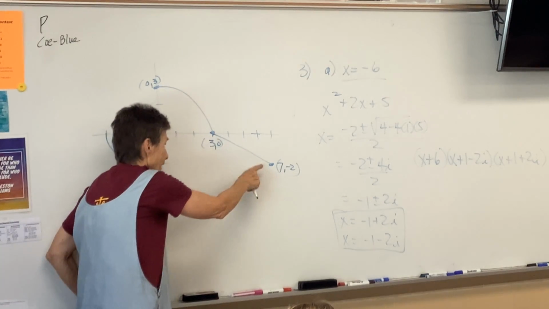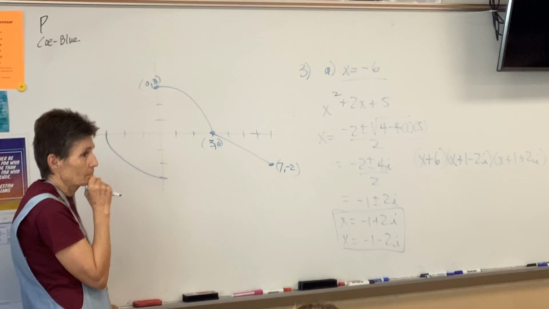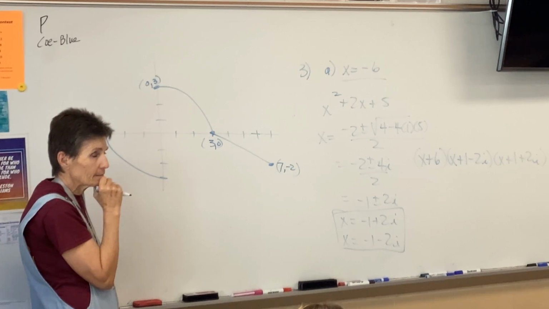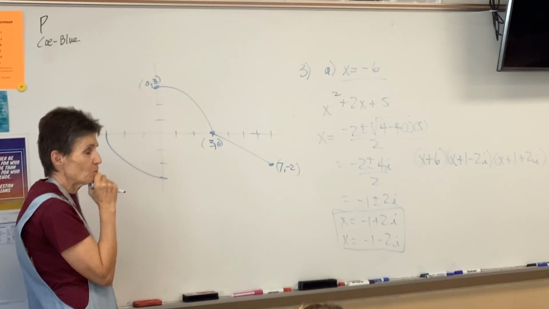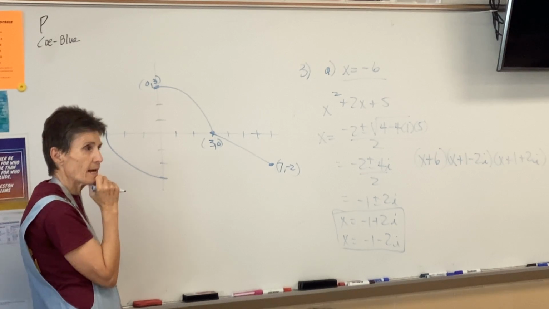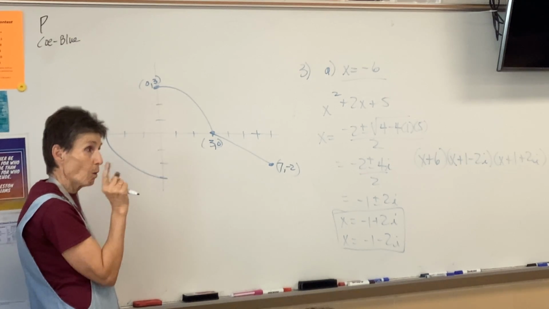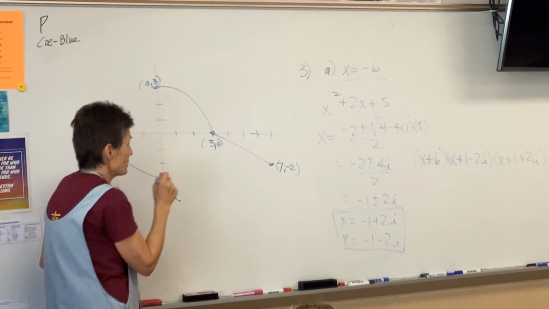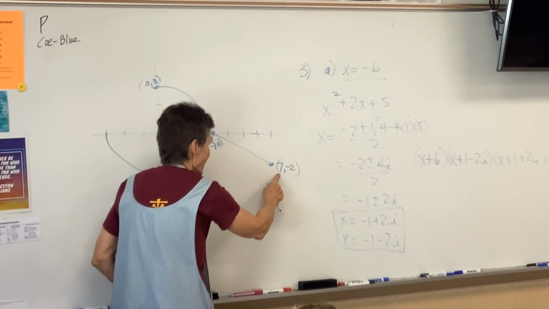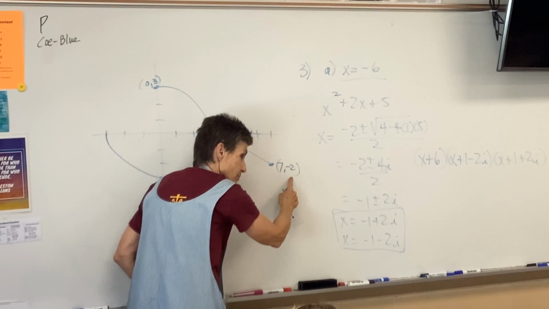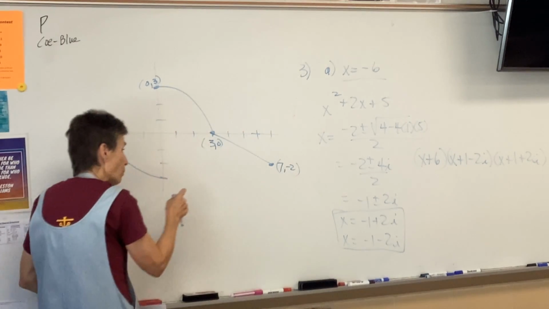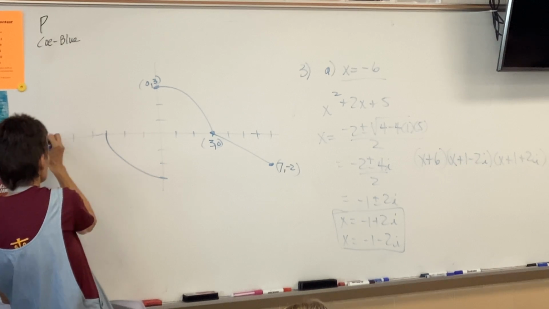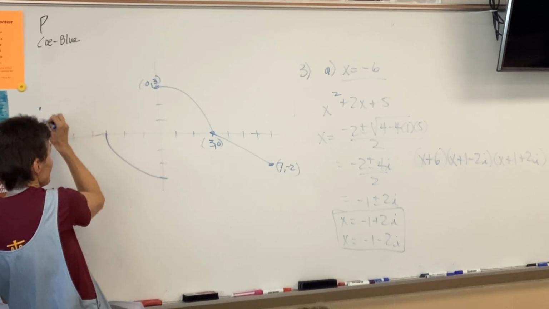Now what about that guy? Well, remember what it means to be odd. It means if you change the sign on X, you also change the sign on Y. So this point right now is positive 7, negative 2. So that point would become negative 7, positive 2.